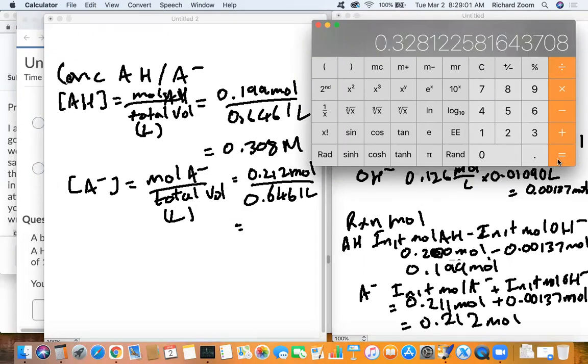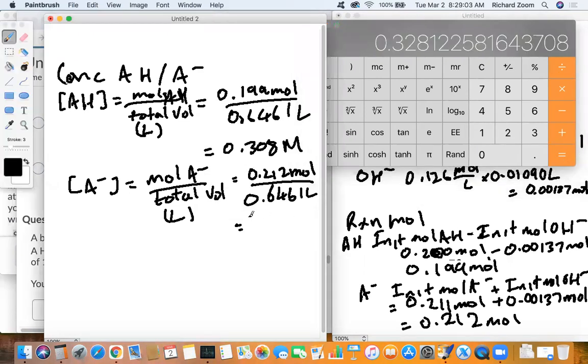And that would be 0.328 molar. This next part you probably really don't have to do, but it helps with the understanding of what's going on.